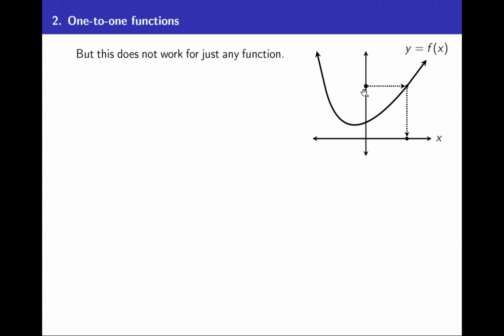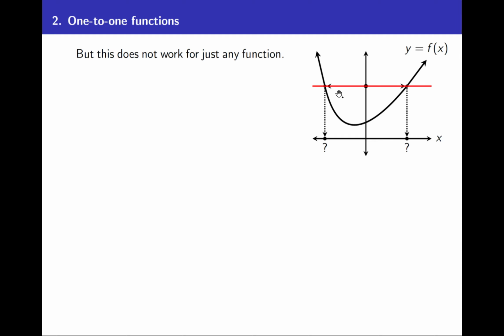Would that be f inverse of the number we started with? Well, actually, we're not sure, because you could also go horizontally over here to get this. So what is f inverse of this number? Is it this number or that one? The rule that we talked about on the previous slide just doesn't work for this function.